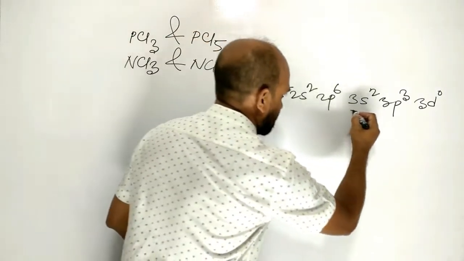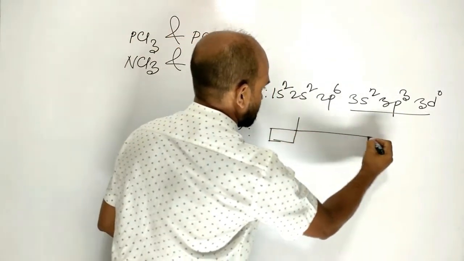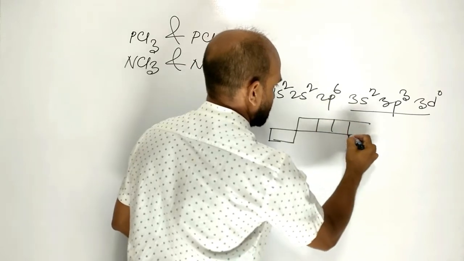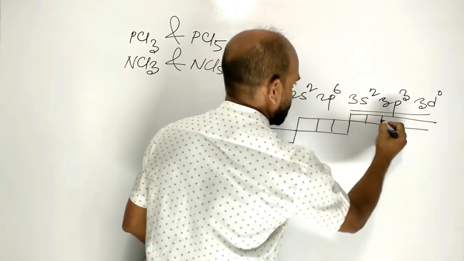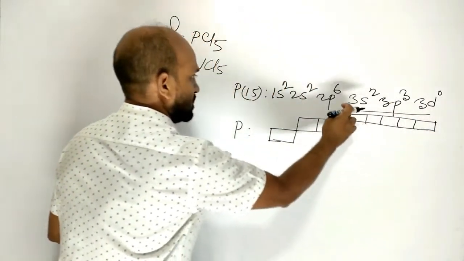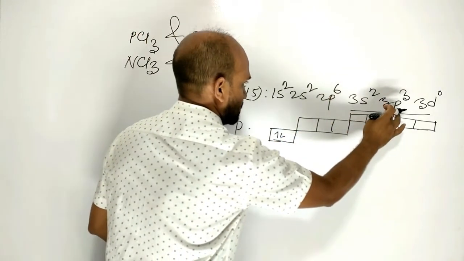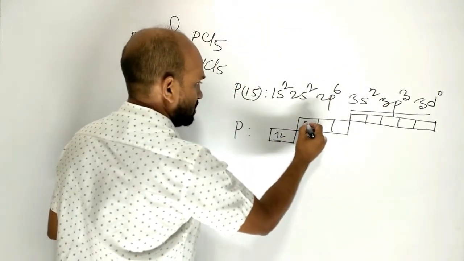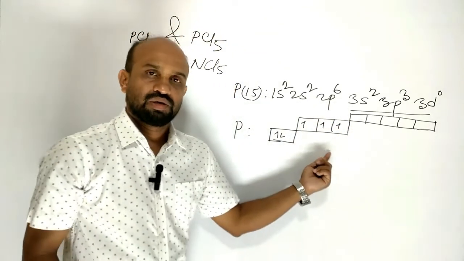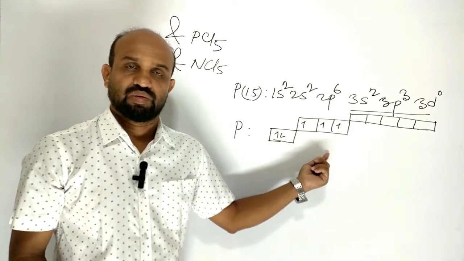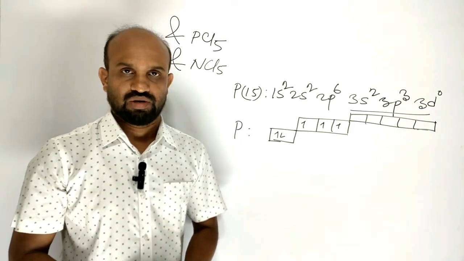Phosphorus outermost shell: 3s, 3p, and 3d orbitals. 3s orbital contains 2 electrons and 3p orbitals contain 3 electrons. In the degenerate orbitals of 3p energy level, 3 electrons enter one by one.